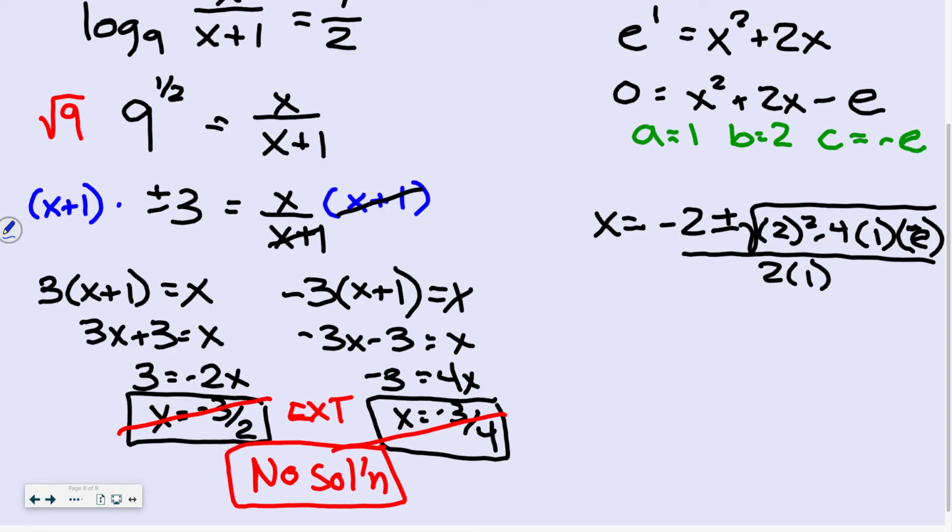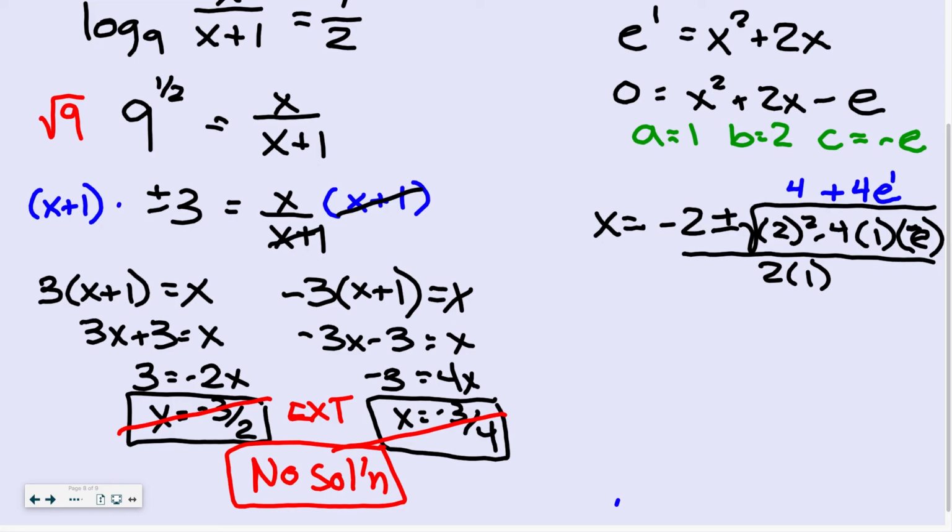If I'm going to use my calculator for the quadratic formula, I'll try to simplify what's underneath the radical first. So 2 squared is 4, and then negative 4 times 1 times negative e is now plus 4e. And if you need to mark it as 4e to the first, because you have to put an exponent with e in the calculator. Okay. Now, you can't add 4 plus 4e because they're not like terms. So I'm just going to leave it like that and go to my calculator.